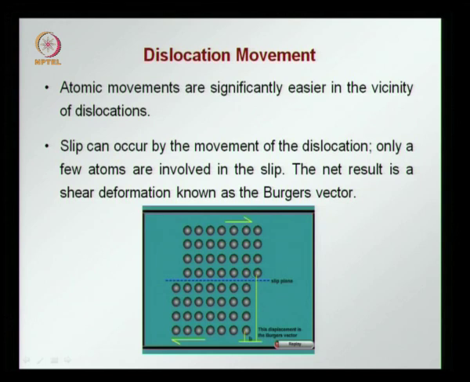So, atomic movements are easier when dislocations are present. Atomic movements are significantly easier in the vicinity of the dislocations. The slip occurs by movement of the dislocation across. We saw the dislocation moving across here with only a few atoms involved in the slip. At each step there was only one bond being broken and formed, and finally the net result is a shear deformation, a permanent deformation called the Burgers vector.